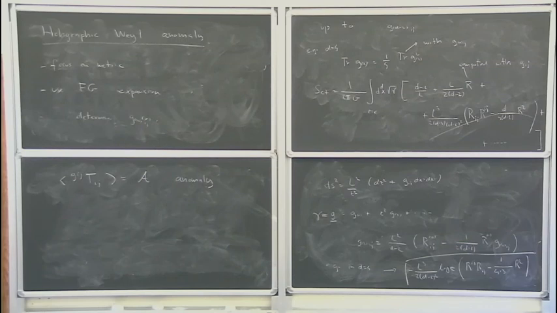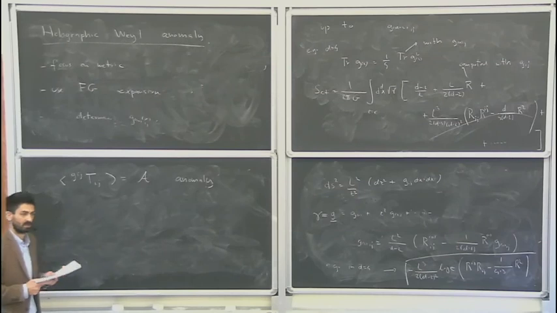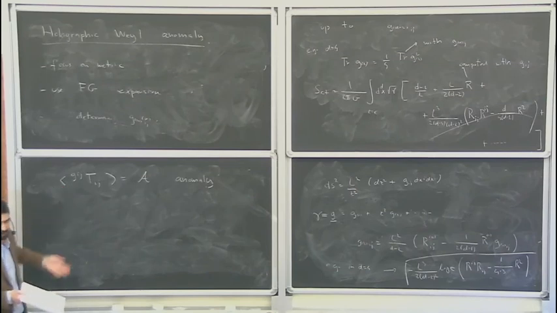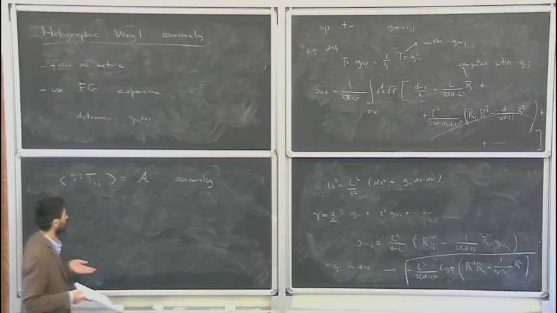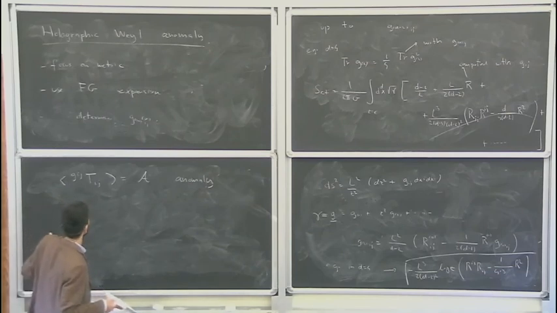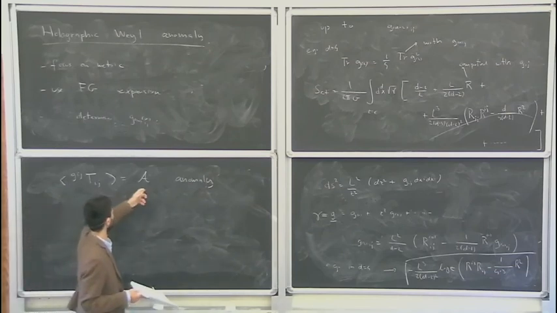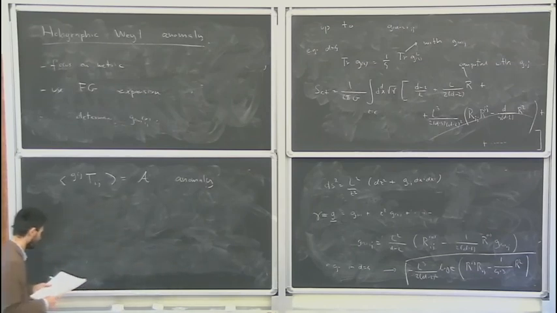So I stress that it's a quantum effect: if you consider just a classical theory which is invariant under the conformal group, and you compute its energy momentum tensor, you would find automatically that the trace is 0. So you need to do some quantum computation in order to find out that it is different from 0 and it's equal to some expression.